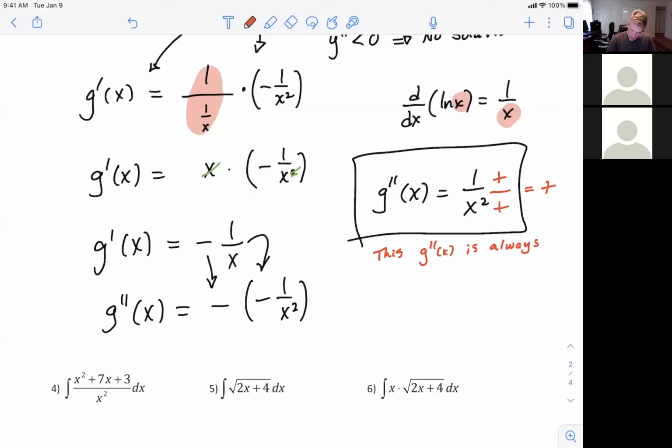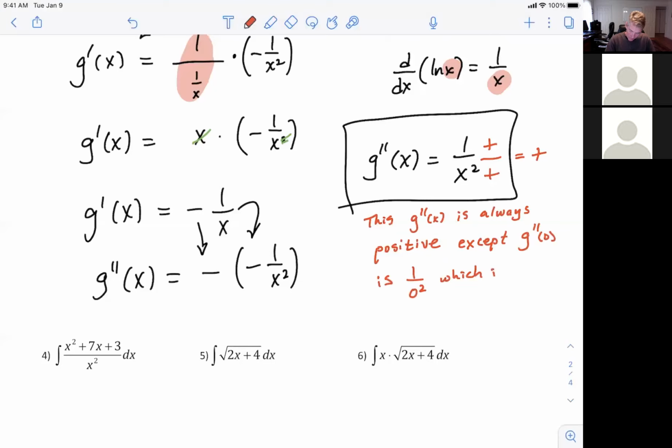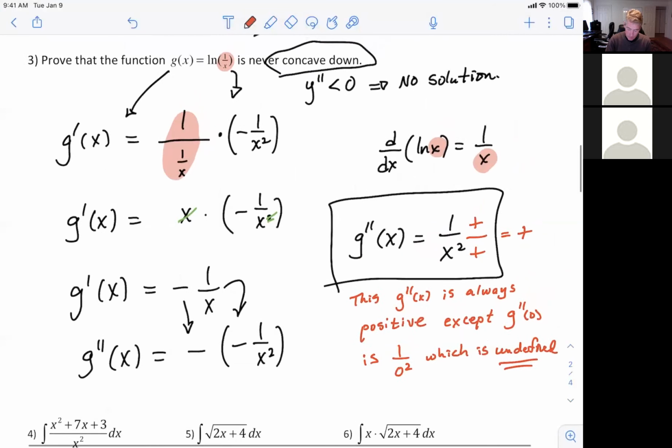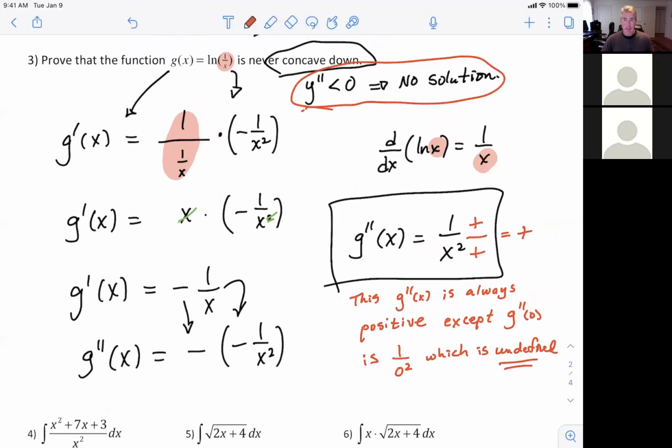If you plug in a 0, it's undefined. And undefined is not negative. So therefore, I showed that there's no solutions that'll make it negative.